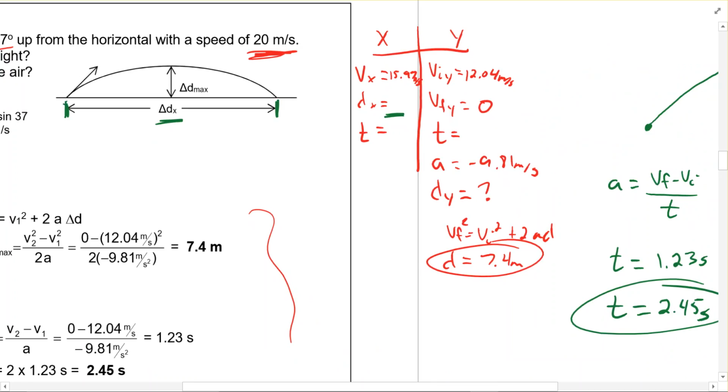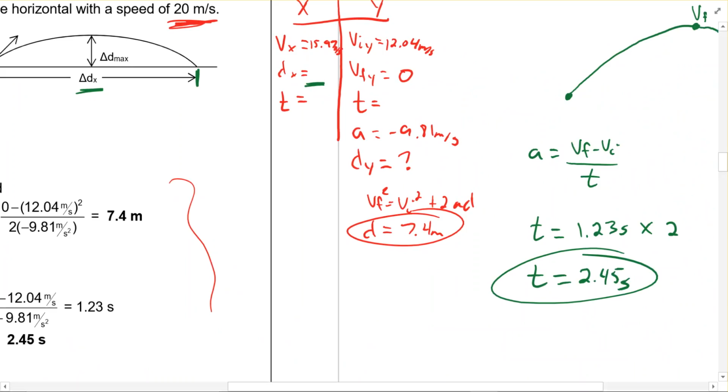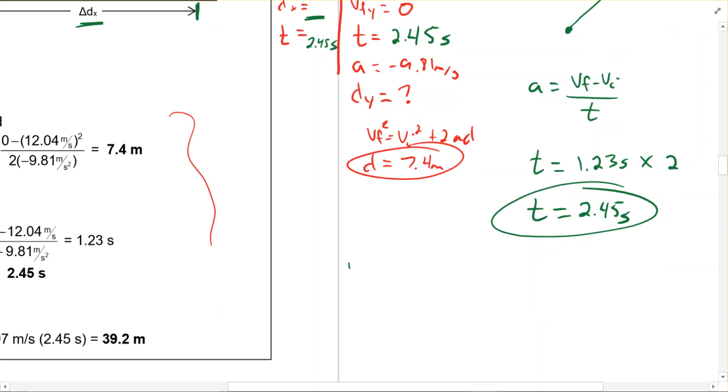The way we do that is we figured out the time was 2.45 seconds. Well, that's the same for both, for the x and y, so that's going to be 2.45 seconds. Now I just need to use my v is equal to d over t. So vx is equal to dx over t.